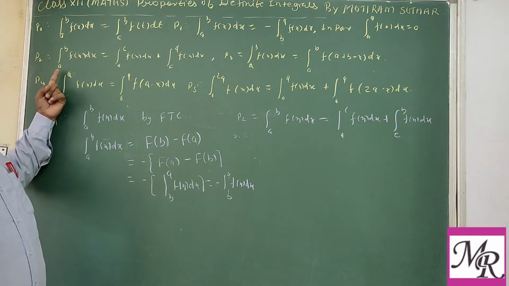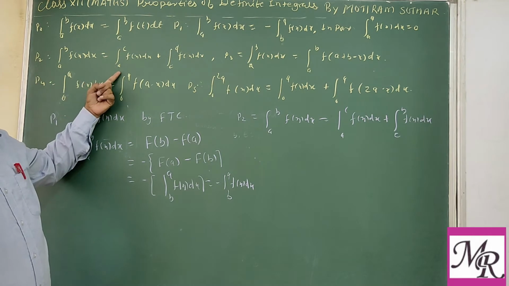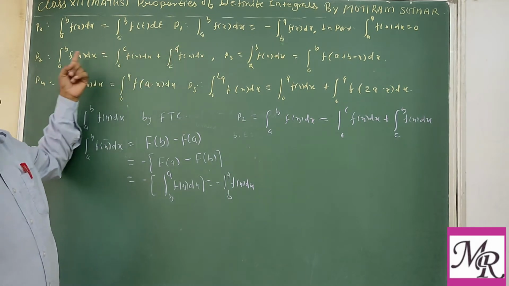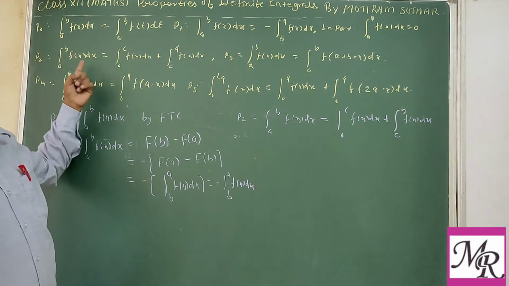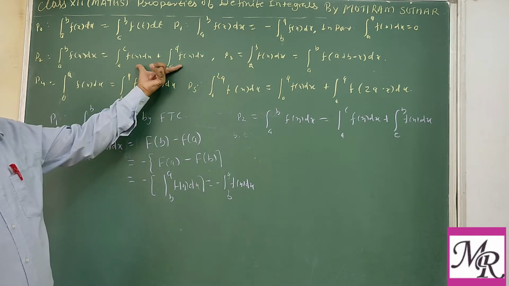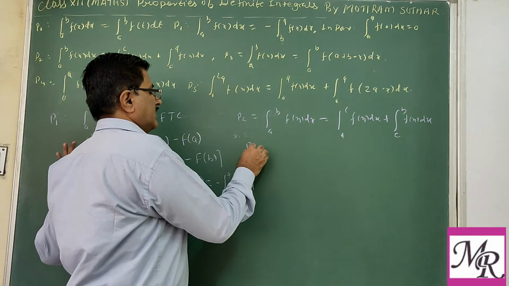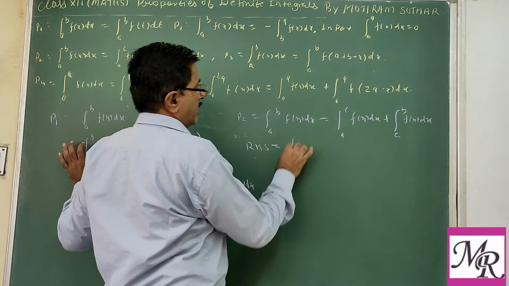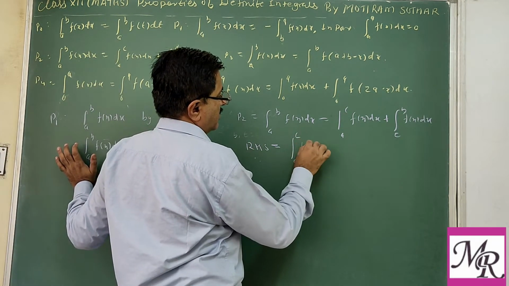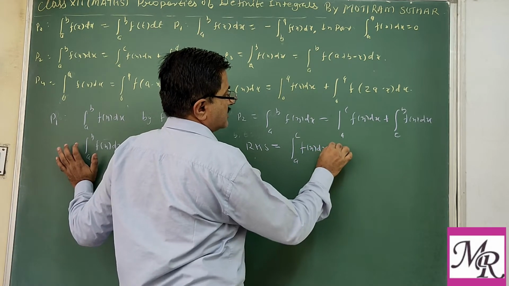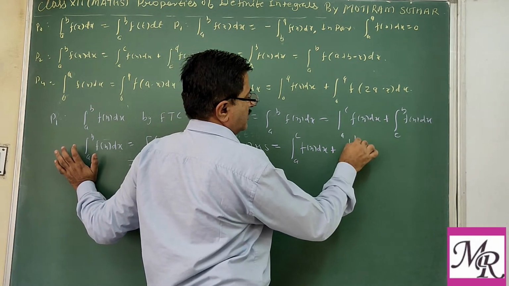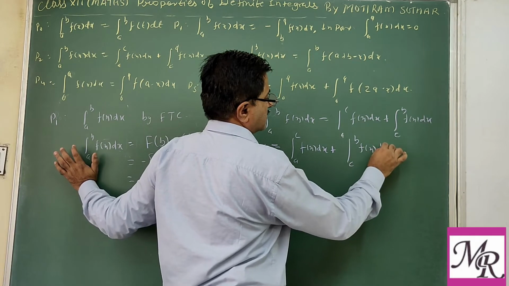Here we are given the integral from a to b of f(x) dx, split into a to c and c to b, where c lies between a and b. Now we solve the right hand side and equate it to the left hand side. Considering the right hand side, that is the integral from a to c of f(x) dx plus the integral from c to b of f(x) dx.